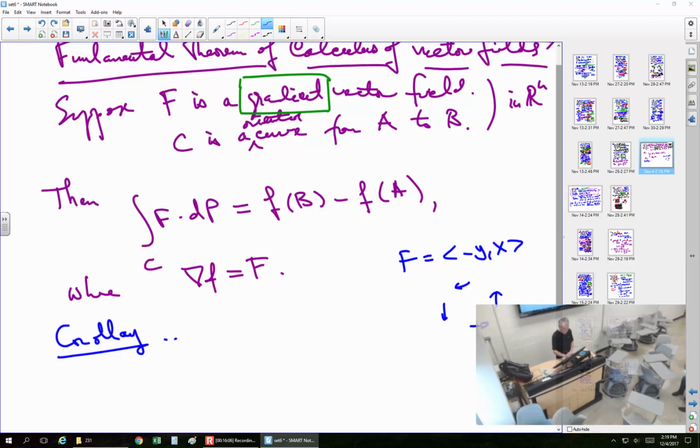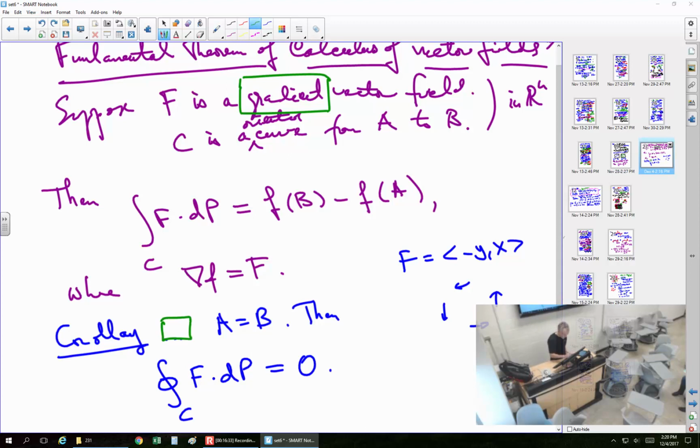Under the condition of the theorem, let's assume A is equal to B. Then we end up with a closed curve integral, and what's the answer? Zero. Right, f of B is equal to f of A if B is the same point. So for gradient vector fields, and once again, don't forget that this is a gradient vector field, all circular motions will produce zero work.